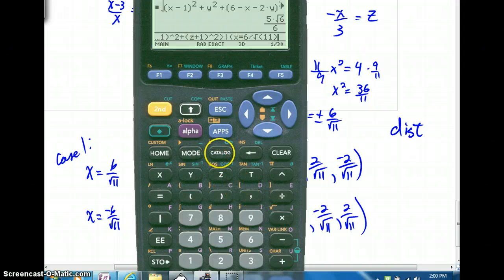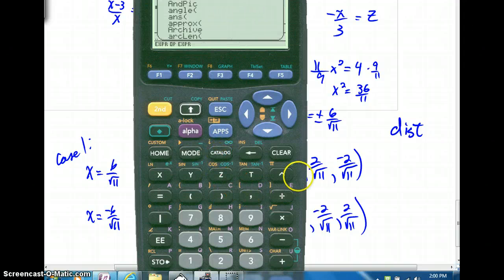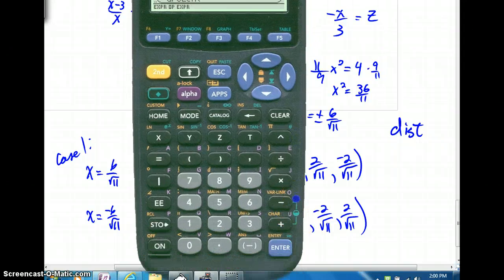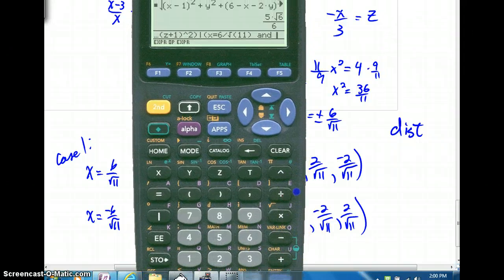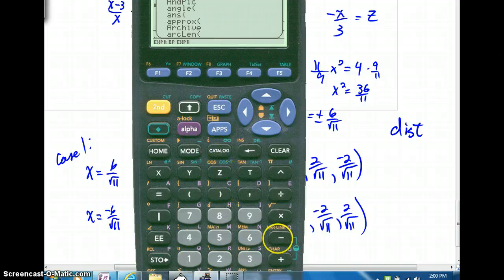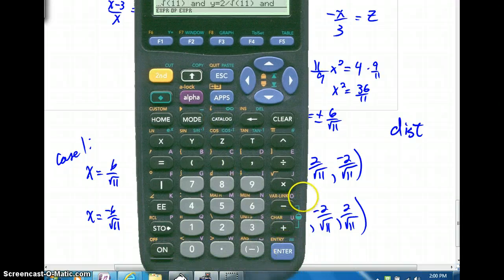And then I need to say and, so I'll say catalog, and hit and y was equal to 2/11ths, or 2 over radical 11. Now hit and finally we'll have z equaled, what was it, -2 over radical 11.